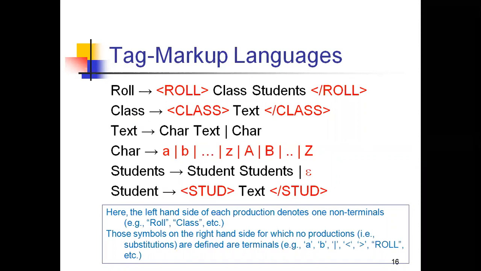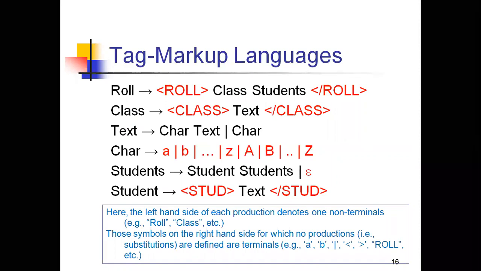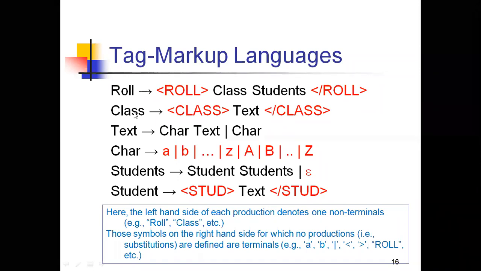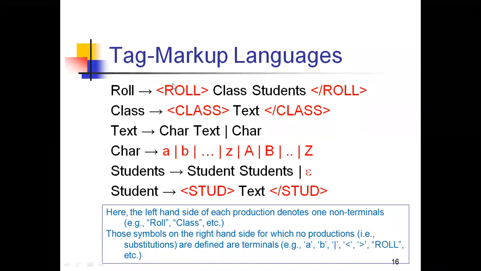And coming to the tag markup languages, these are the representations. If you want to represent the tags for the role, the template you need to follow is like this.